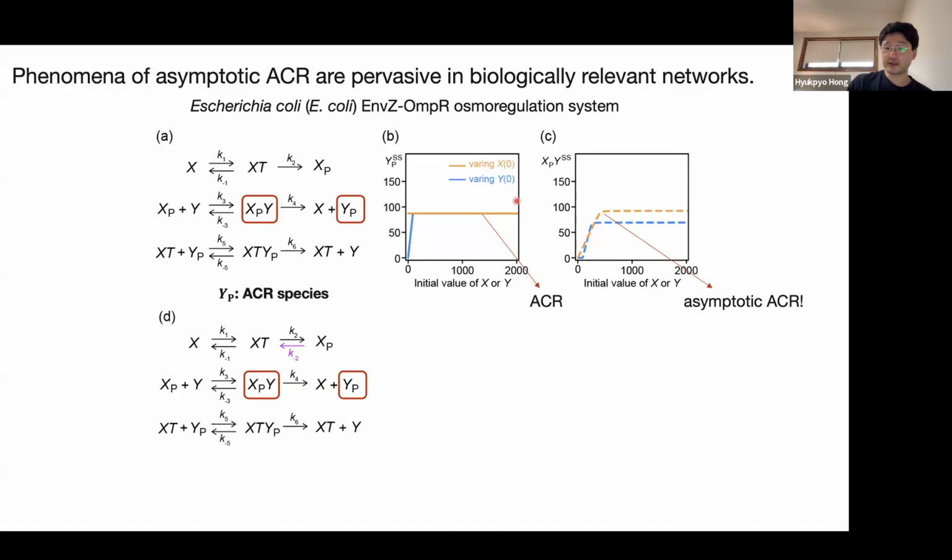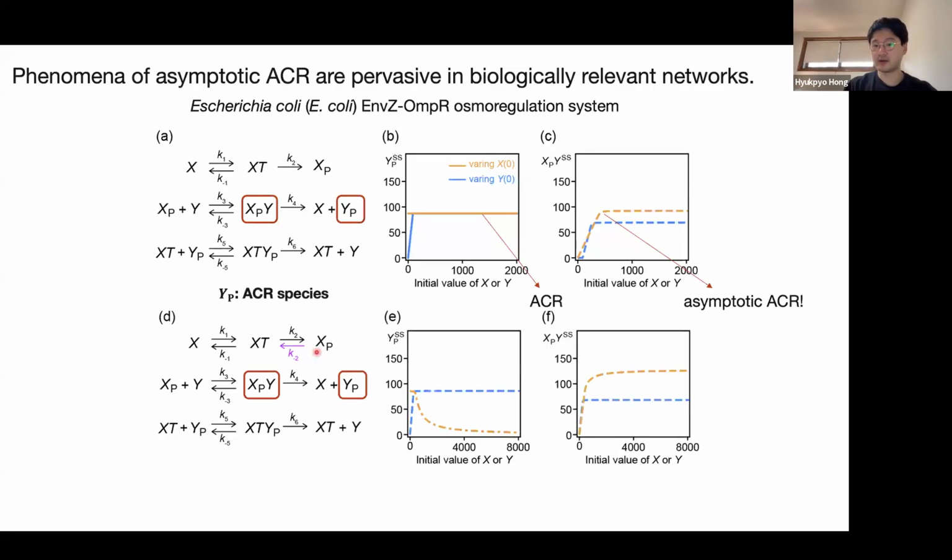And if we modify this network a little bit by adding one reversible reaction from X sub p to XT, then the species Y sub P no longer satisfies the ACR criterion, and the ACR behavior disappeared.